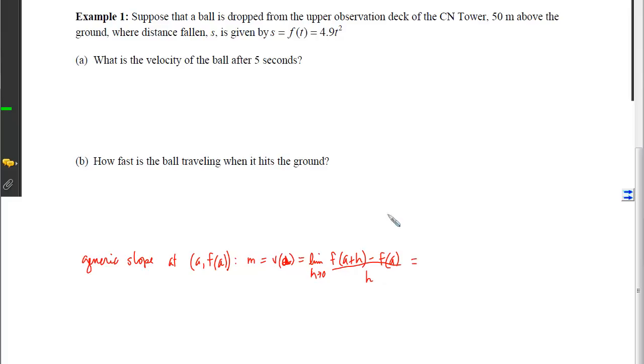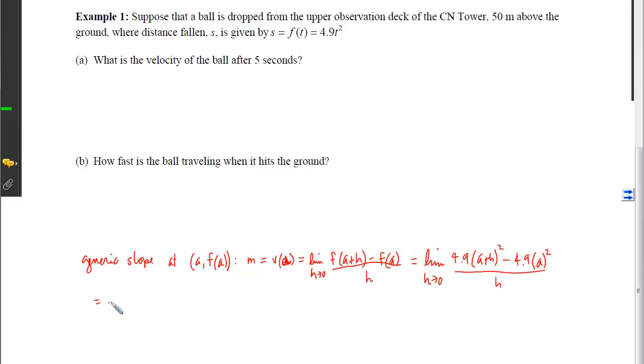If I plug a plus h into this function, I'm going to get 4.9 times (a plus h) squared. And if I plug a in, I'll get 4.9 times a squared. And on the bottom, I'll still have an h.